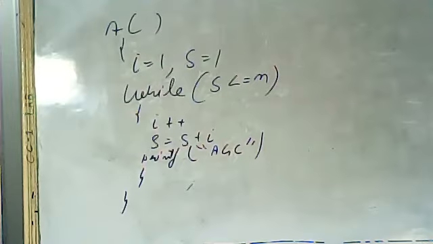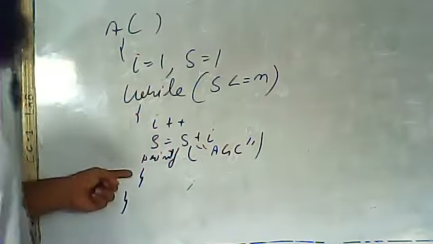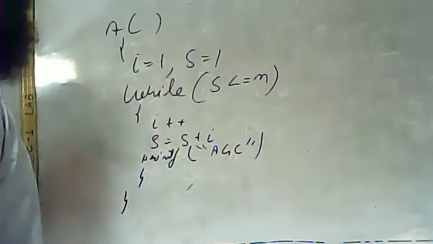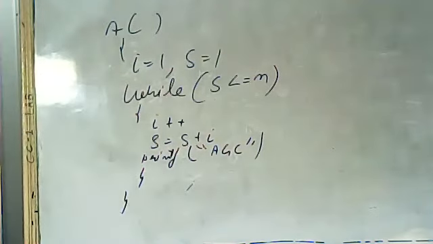This compound statement belongs to the while loop, and this one belongs to the whole algorithm. Okay, so how do we analyze this one?